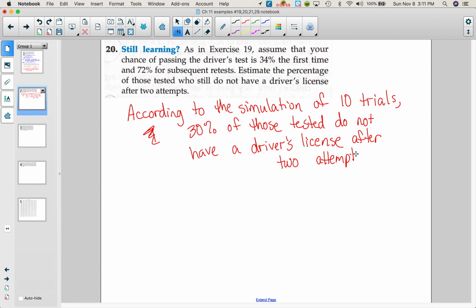So on this one, I didn't have to gather data over again. I could just use what I had already done.